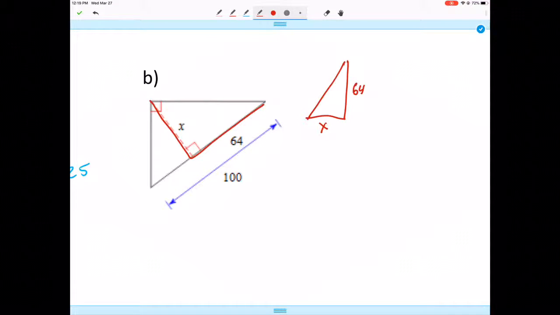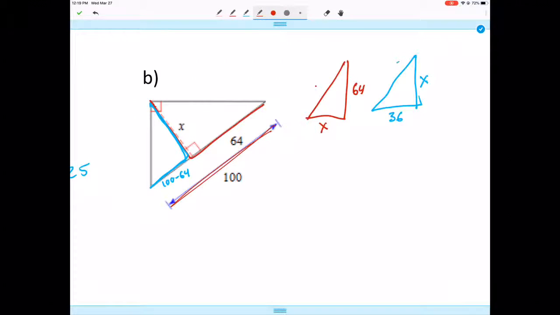We can't use the hypotenuse because we didn't use the hypotenuse on this one, so we'd need to find another triangle. We could use this triangle, where the base would be 100 minus 64. So let me draw this little triangle, which would be 36, and then the height would be x. All right, so these are similar, and we just need to solve for x.